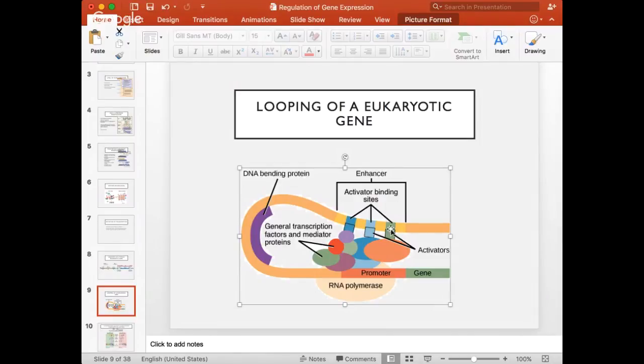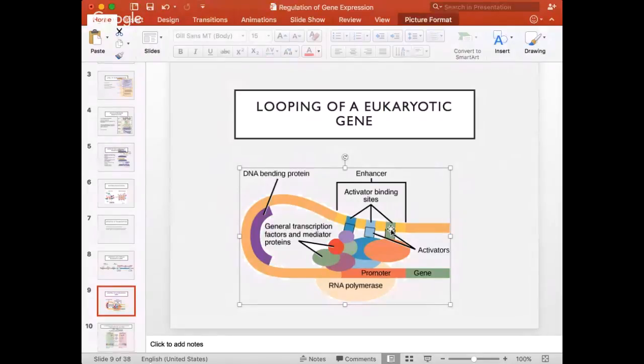For enhancers, special transcription factors, which in the case of enhancers are activators, bind to them. And when this happens, you form a loop. Right here, we can see a loop. The loop is basically a bending of the DNA, by DNA bending proteins, increasing gene expression.